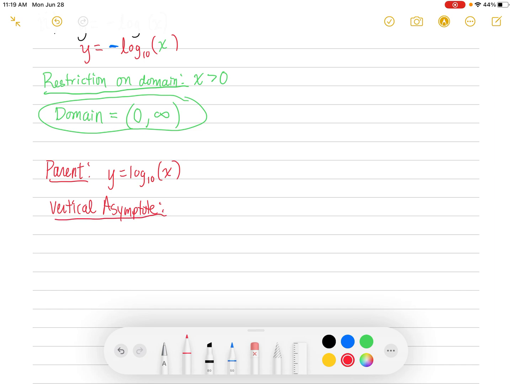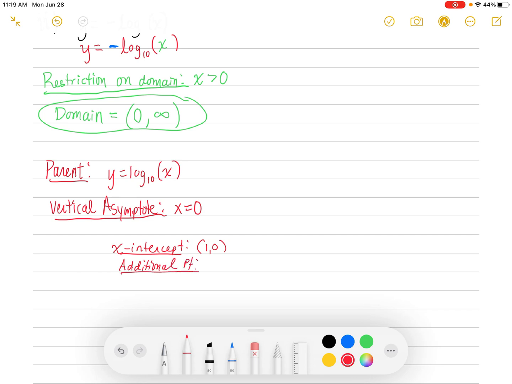So let's start by graphing the parent here. For the parent, we're going to have a vertical asymptote. The vertical asymptote will be at, remember, x equals 0. It's always there for the parents. And you'll have additional points. The x-intercept, which will be at what? 1, 0. Always 1, 0, the x-intercept for a basic logarithmic function.